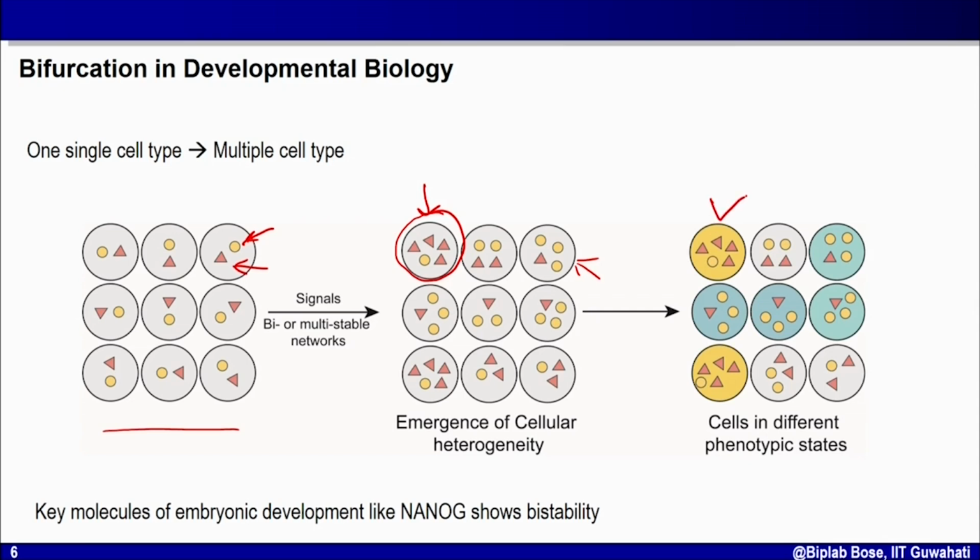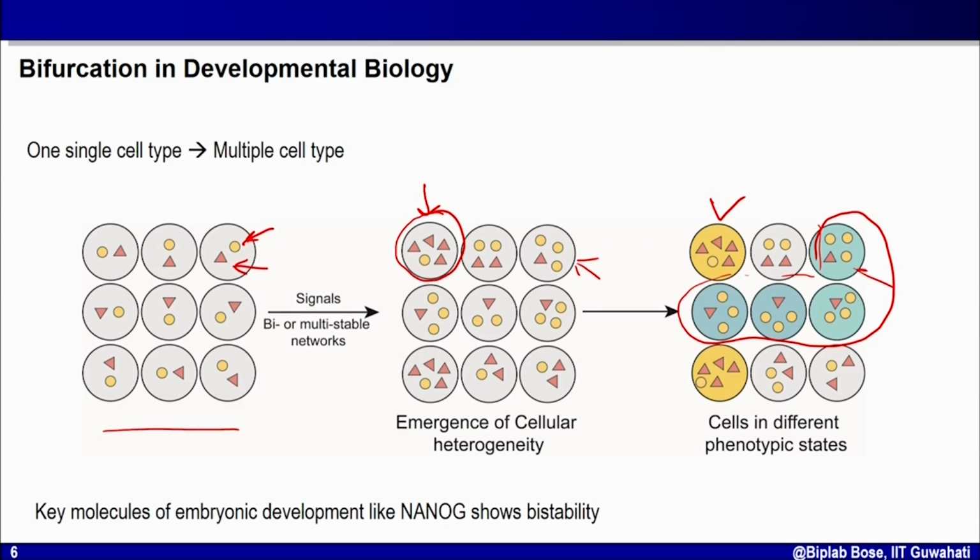Whereas the other subpopulation which is expressing more yellow will become another type of cell. So from a homogeneous population, I get two subpopulations and their protein expression behaviors are different, and ultimately they move into different paths of differentiation.